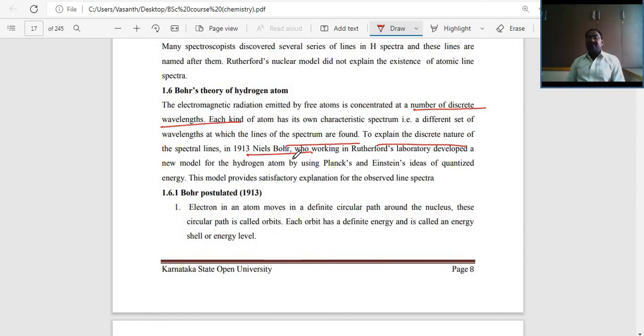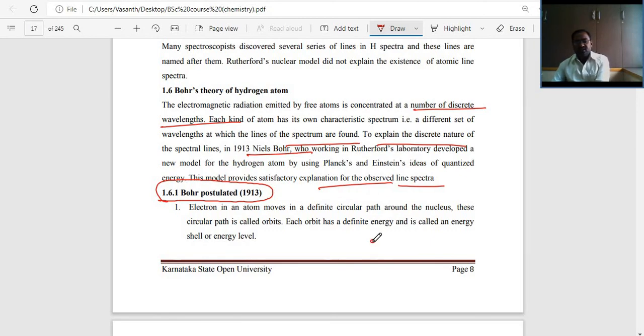This model provides a satisfactory explanation for the observed line spectra. What are the postulates of Bohr's theory of the hydrogen atom?